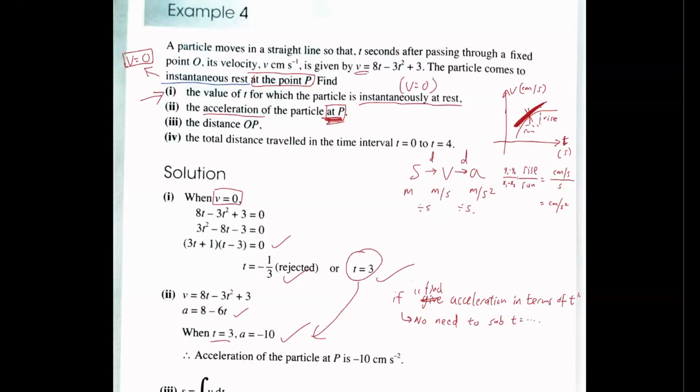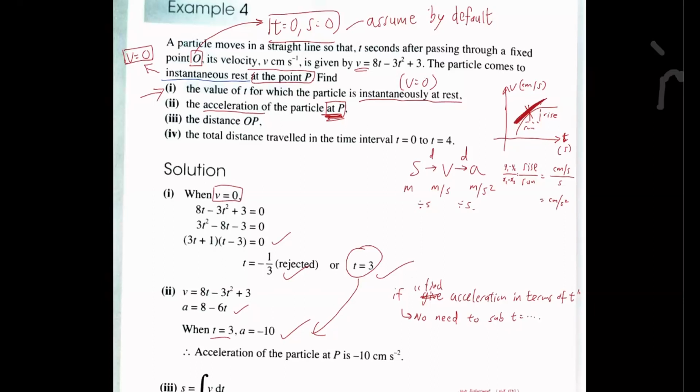You assume it's equal to 0. Let me write this down: t equals 0, s equals 0, assume by default. Or maybe it's because of point O, but honestly, the question can be clearer.